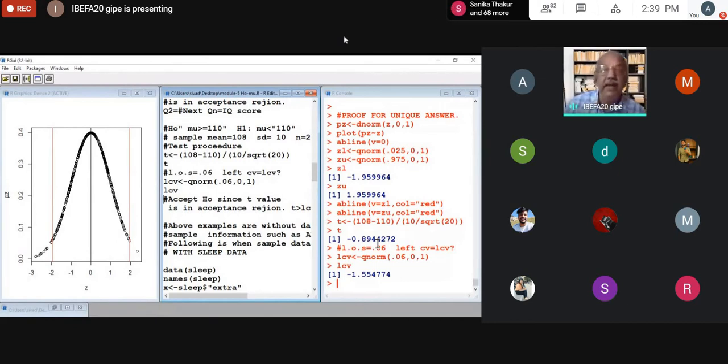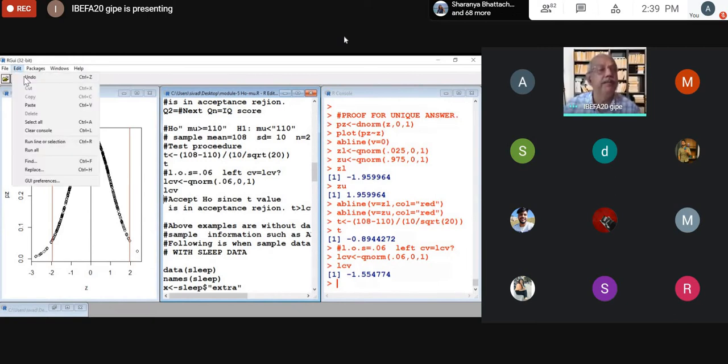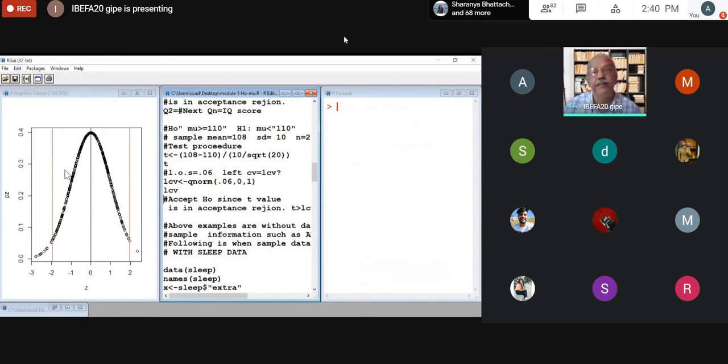This is the data given, using the critical value approach. But if the data is available directly, how to do it? That was the next work I have shown: the probability procedure, the p-value procedure.